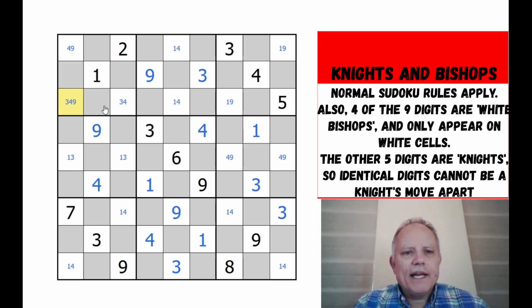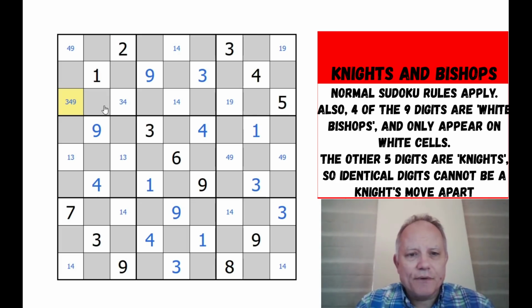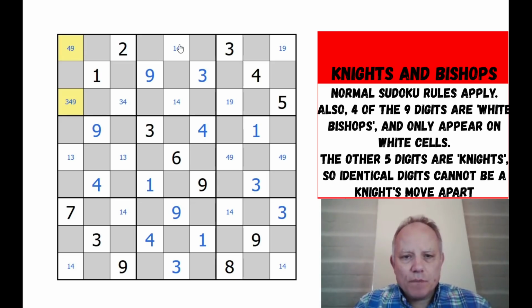If this was a 9, 4, 1, 1. Okay, I don't know if there probably is an easier way of seeing this, but if this was a 9, it's not going to work, and that's because this would become a 4, this would become a 1.